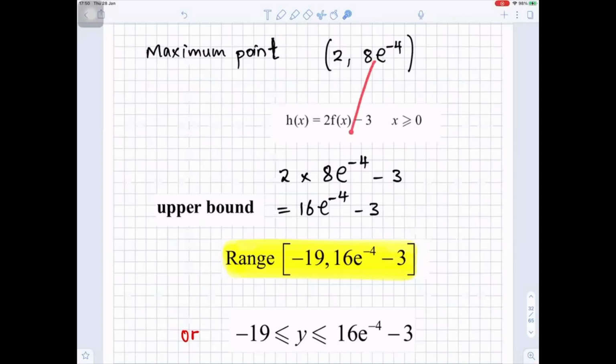So the upper bound is 16e to the -4 minus 3. So your range goes from the lower bound to the upper bound. You can write it like this: -19 less than or equal to y less than or equal to 16e to the -4 minus 3.